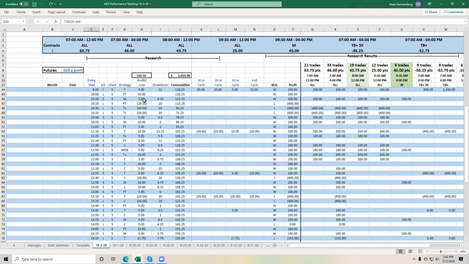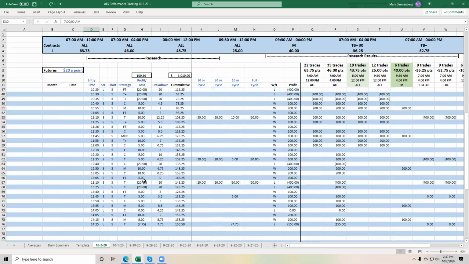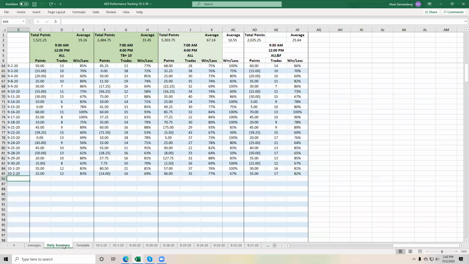But you can see here what the profit and loss per trade was on every trade. We have losing trades, we have winning trades, and more importantly than the individual trades is what the overall summary performance is for the day.